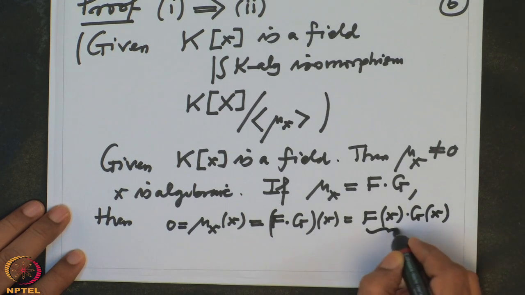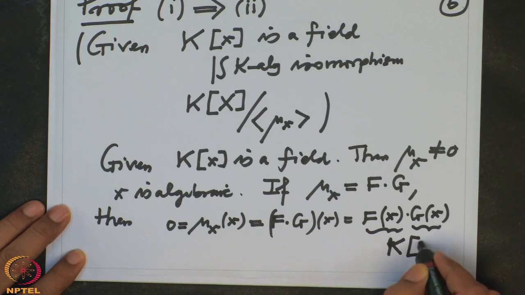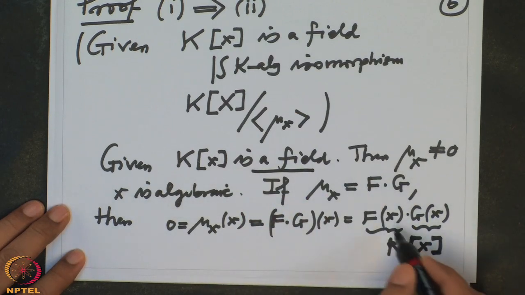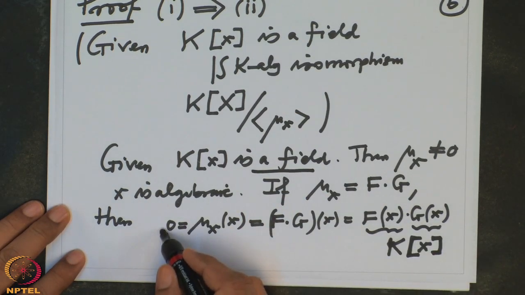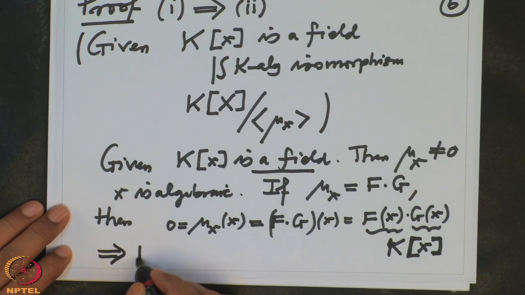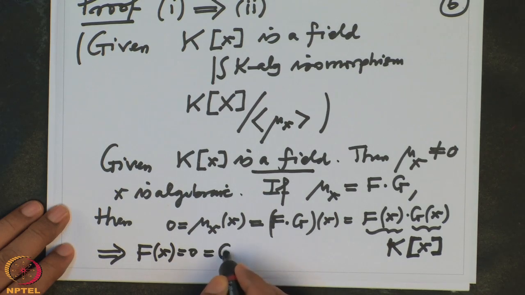And where are these elements? These elements are in K[x], but this is given to be a field. And this product is 0 in a field. Therefore, one of them must be 0. So f(x) is 0 or g(x) is 0.